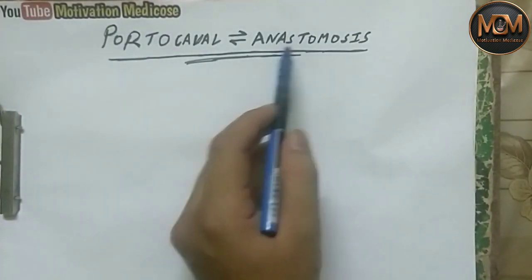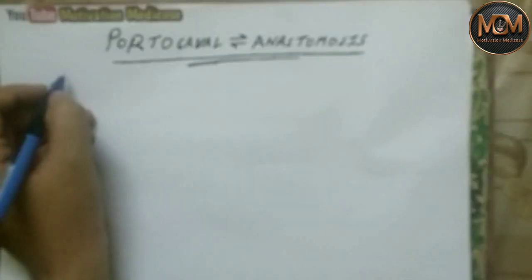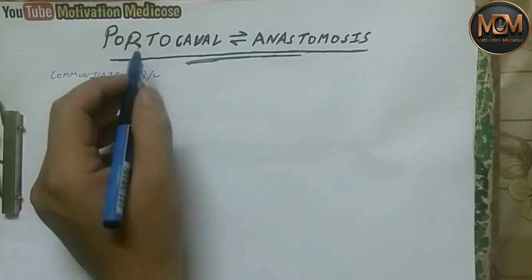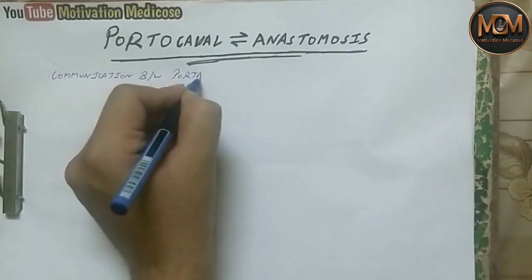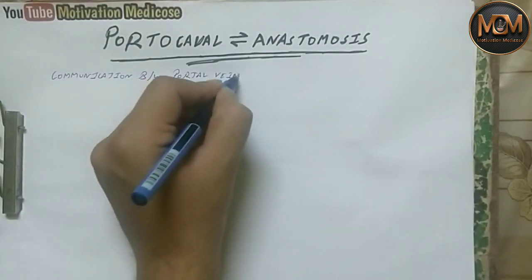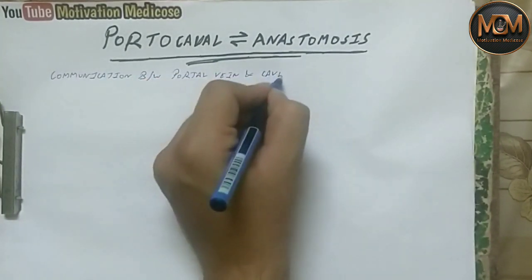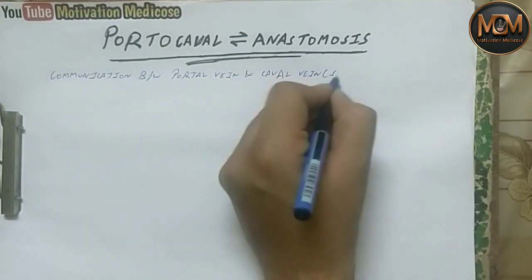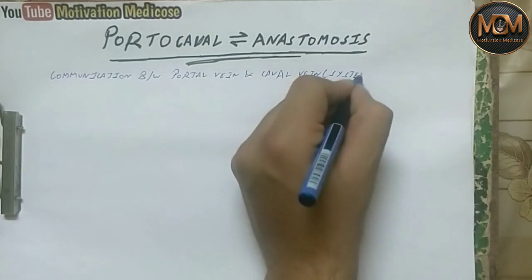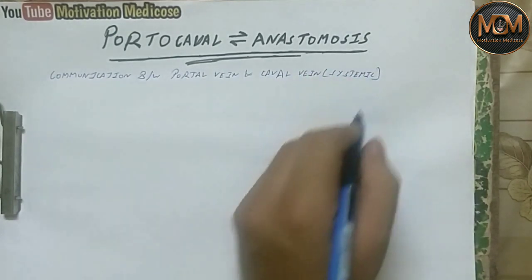As the name says, anastomosis is a communication between portal vein and caval, that is systemic, veins.